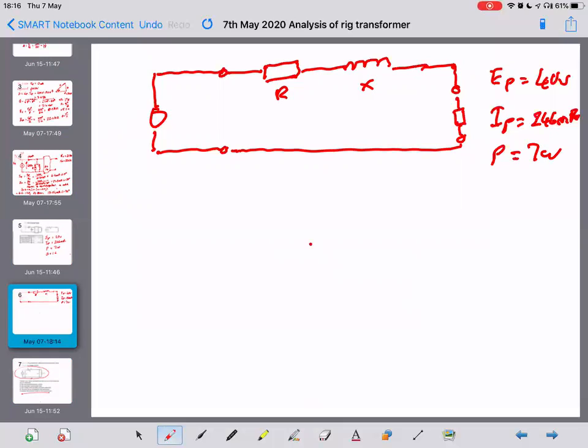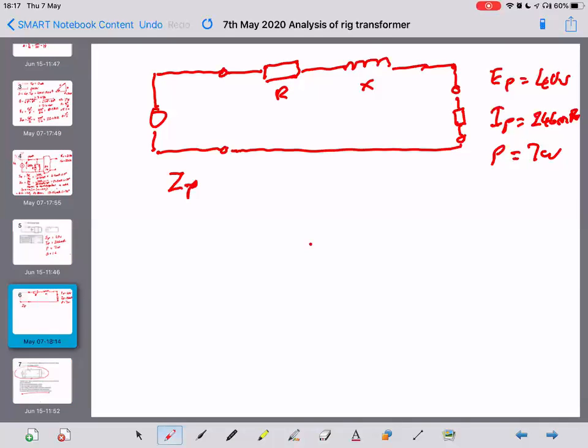So what can we find using that data? You mentioned ZP, the total impedance.